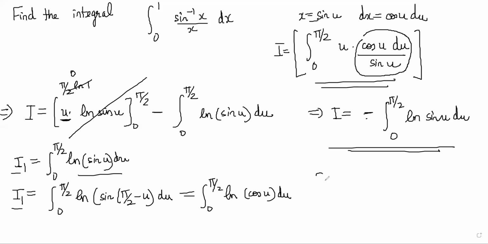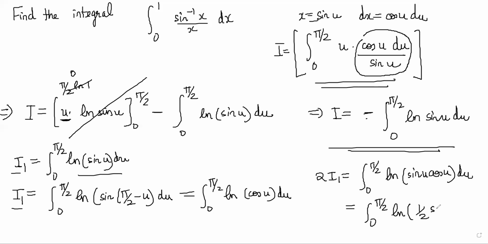So adding both of them, you get 2I1 is equal to integral 0 to pi by 2 ln sine u cos u du, and this is half sine 2u. So I'll do it on the next page. Basically, I'm going to try and get it back in terms of I1 only, right?